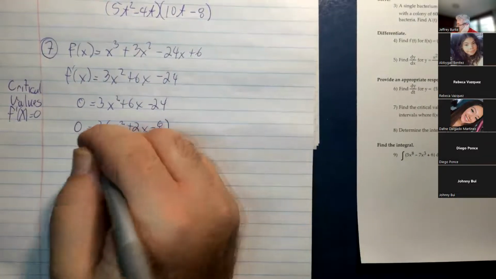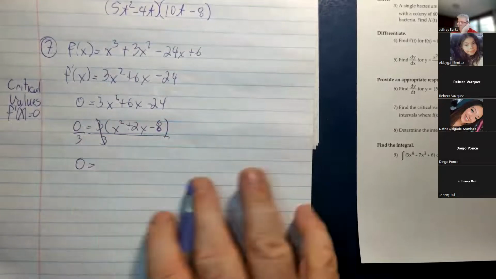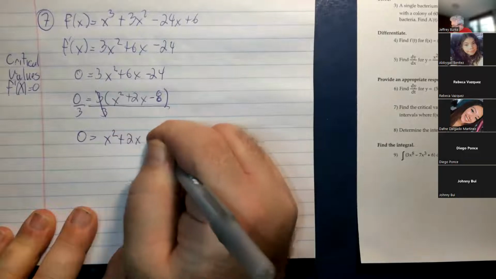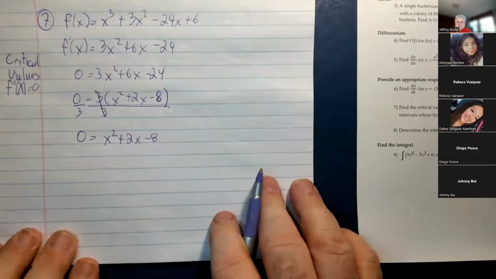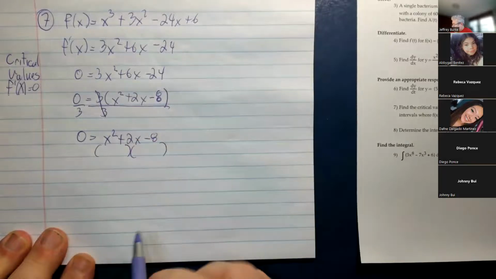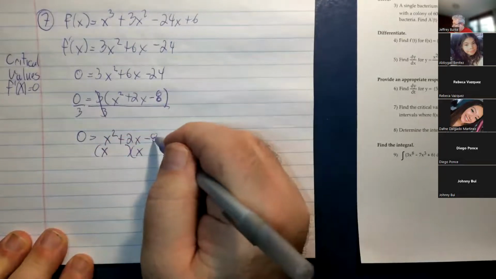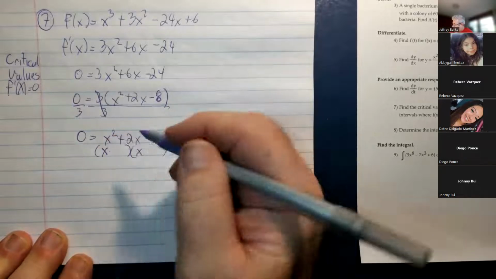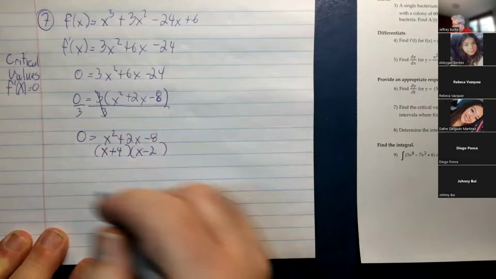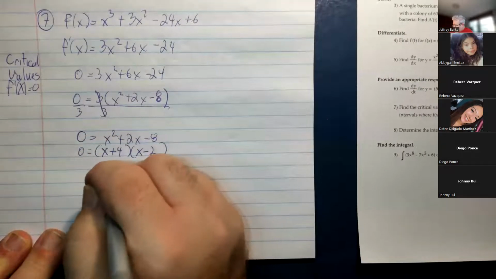Then if I divide by 3, I get 0 is going to equal x squared plus 2x minus 8. And when I factor this, I'm going to get x, two numbers that multiply to negative 8 but add to 2. That's going to be plus 4 and then minus 2. And I'm going to set each of these factors equal to 0.